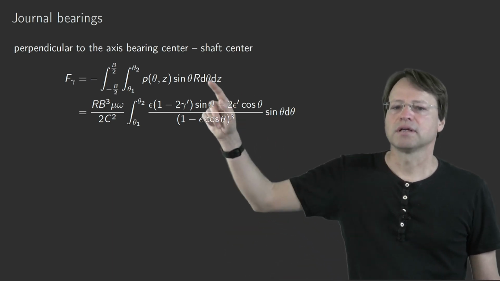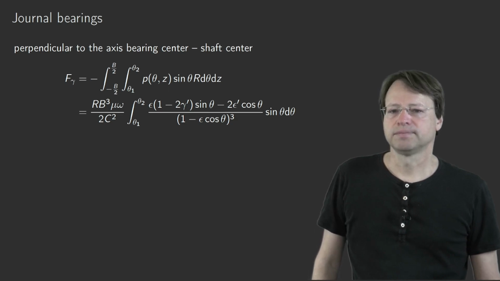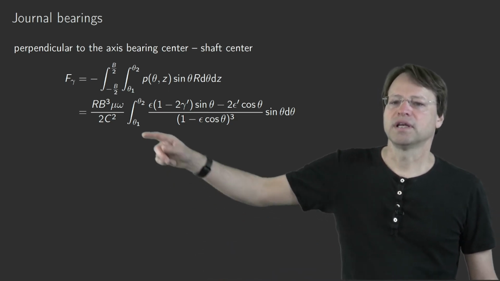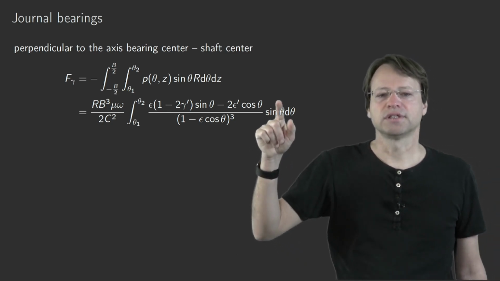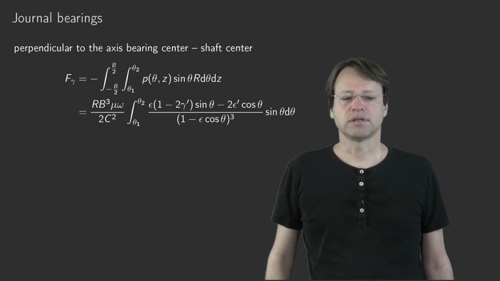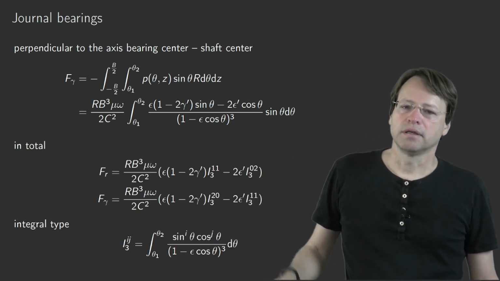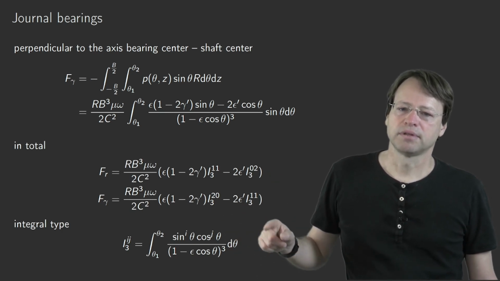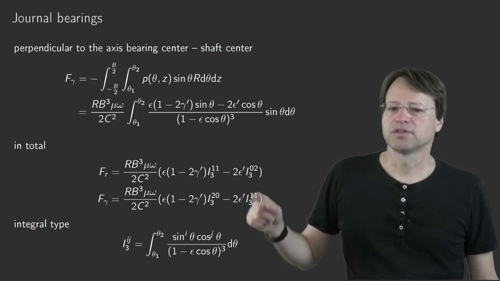So this would be the corresponding computation for the circumferential direction. And now we get the force F gamma. And you see the only difference is that you put in sine theta here and there instead of cosine theta. And then in total, we can sum up with that type of integrals the solution as follows.